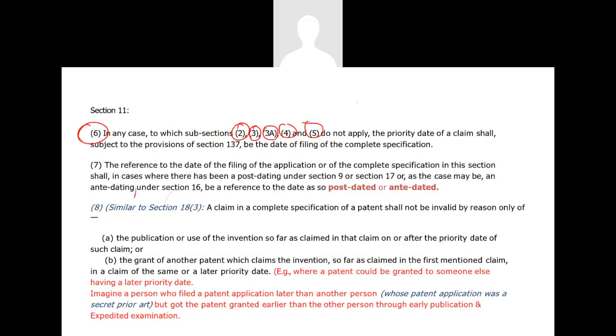It says when none of these tricks are applicable and there is a confusion as to what will be the priority date, you make your life easy. In those cases where none of the previous sections of Section 11 are applicable, you just simply pick up the date of filing of the complete specification as the priority date for its claims.